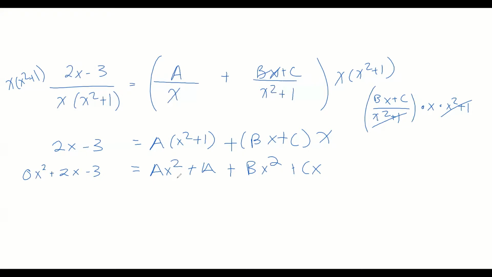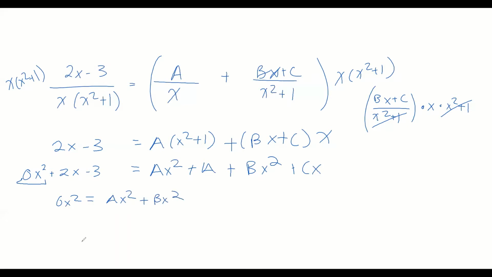One of the ways that we can go ahead and set this up as a system of equations is essentially say all of the x squareds on the left-hand side have to add up to the x squareds on the right-hand side, or vice versa. All the x squareds on the right-hand side have to be equivalent to the x squareds on the left-hand side. So I can break this up into essentially 3 equations, where I have 0x squared is equal to ax squared plus bx squared.